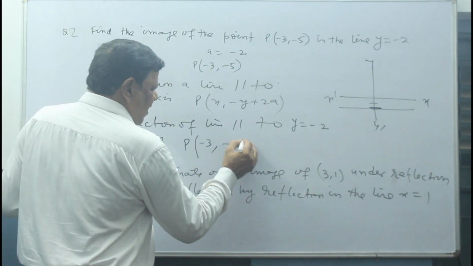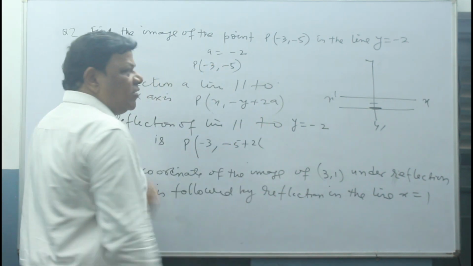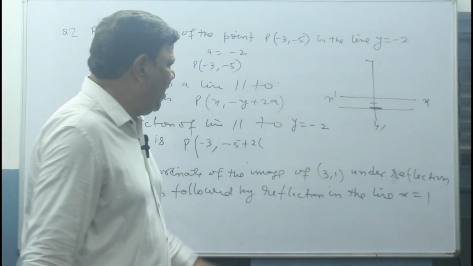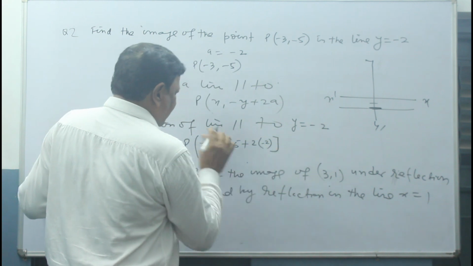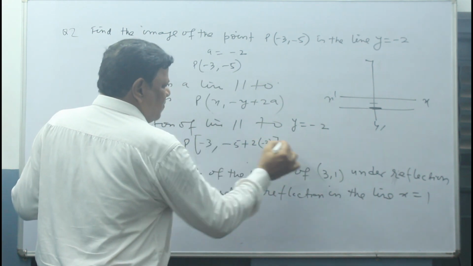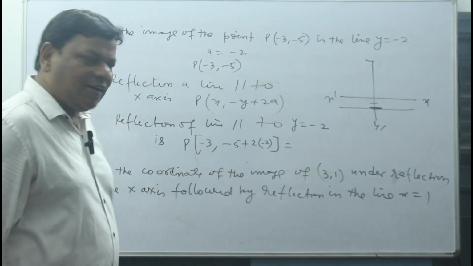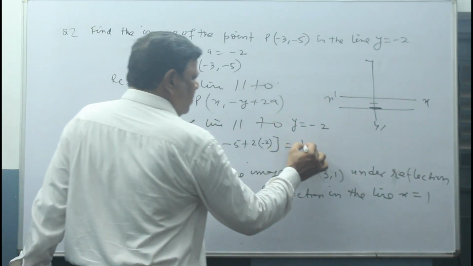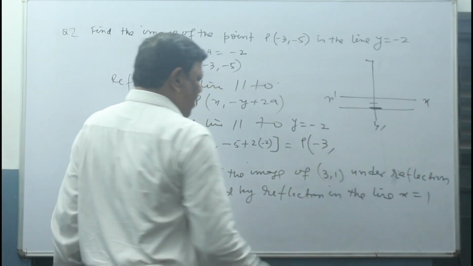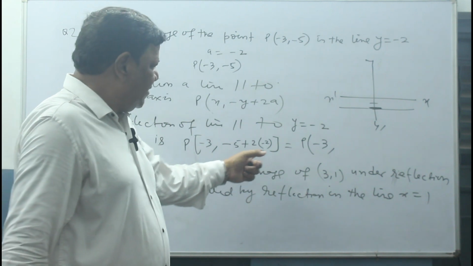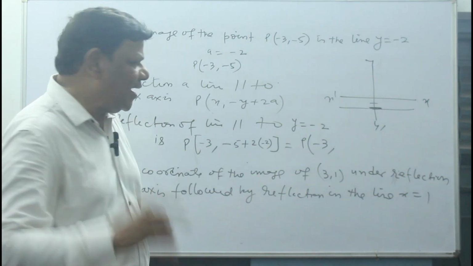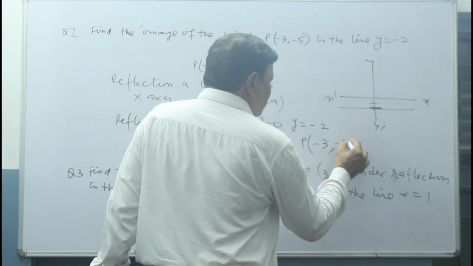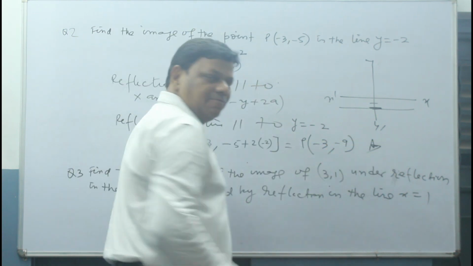Minus 5. Write plus 2a. What is the value of a, children? Value of a is minus 2. So minus is given, so write in bracket. Because minus is given, so write in bracket. Now all together what is coming? P is coming. Here minus 3 and here minus 5. And this multiplied becomes minus 4 and minus 5. So minus 9. So answer is minus 9. So this is your answer.